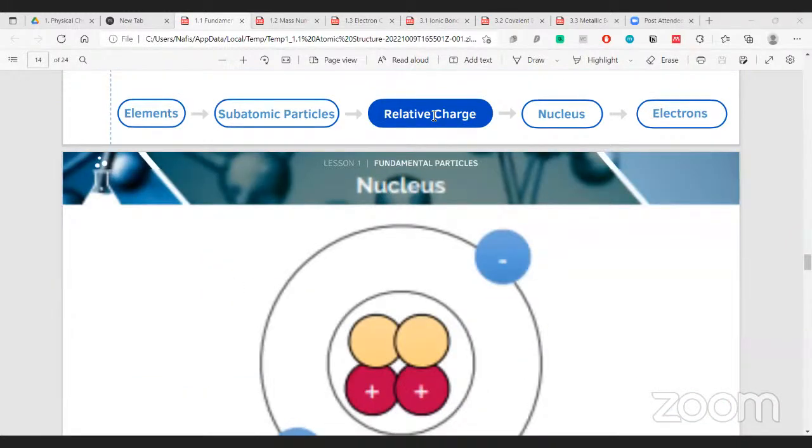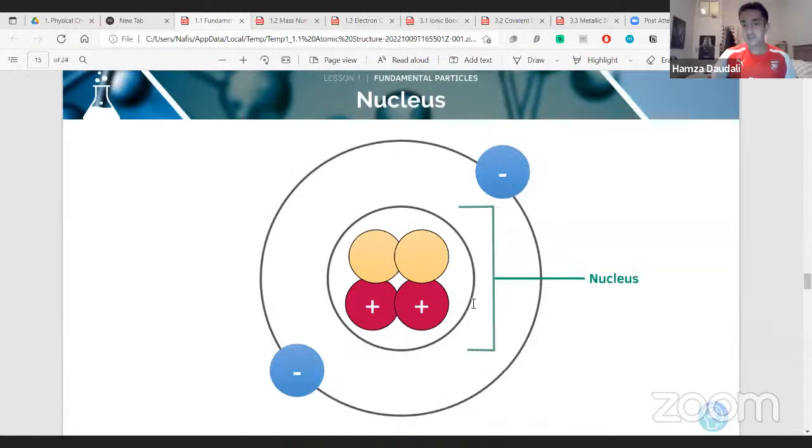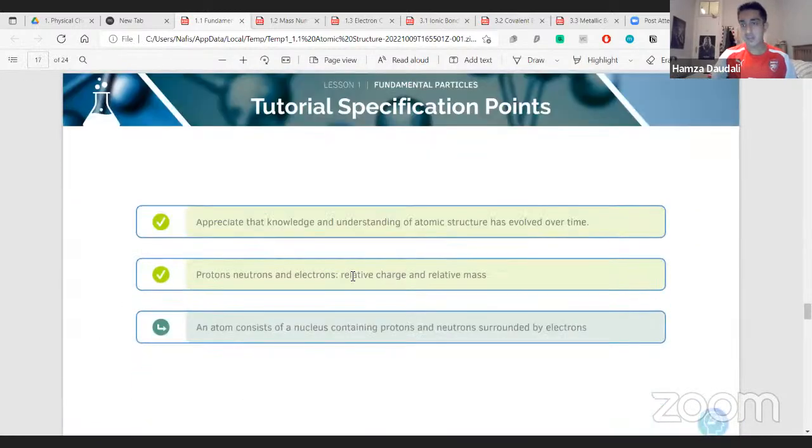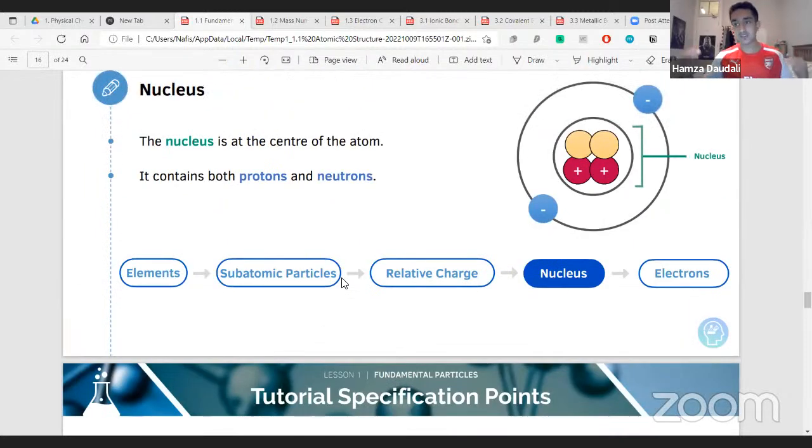The nucleus of the atom is the structure that consists of protons and neutrons. The electrons orbit in electronic clouds around the nucleus, and they're held in place by an electrostatic force of attraction between the nucleus and the electrons, because the nucleus is quite densely positive and the electrons are negatively charged, so they're attracted inwards towards the nucleus.